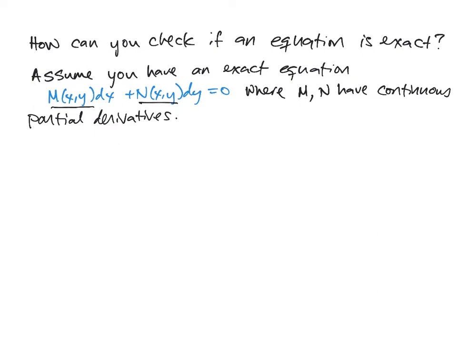What does this say about what that function f would end up looking like? Well, we know that the partials of f equal m and n. So we have df dx equals m, and df dy equals n. That's the definition of being exact.